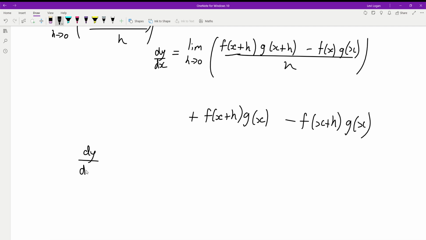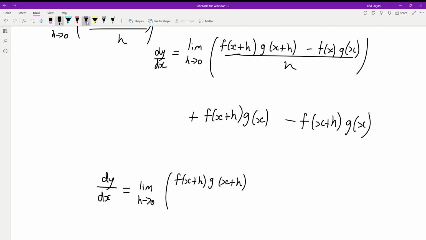Okay? So if I put that in the middle of our limit, this is what I get. Dy dx is equal to, let's move this guy down because we're running out of room, the limit as h goes to 0 of f of x plus h times by g of x plus h, and then we're going to insert this little cheat here.